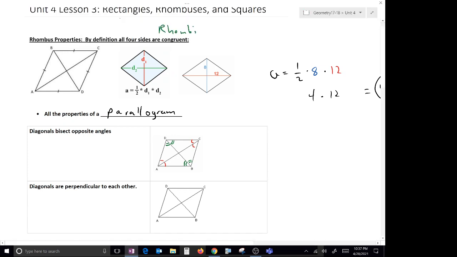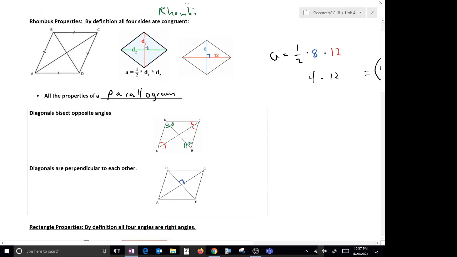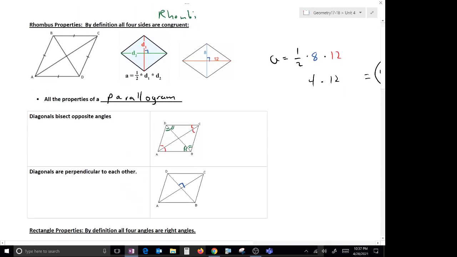And finally, diagonals are perpendicular to each other, so if we had to properly draw a rhombus here, this one's a little stretched, but your diagonals are going to form a right angle. You can see a little bit better in these rhombuses. All right, and those are our properties of a rhombus.